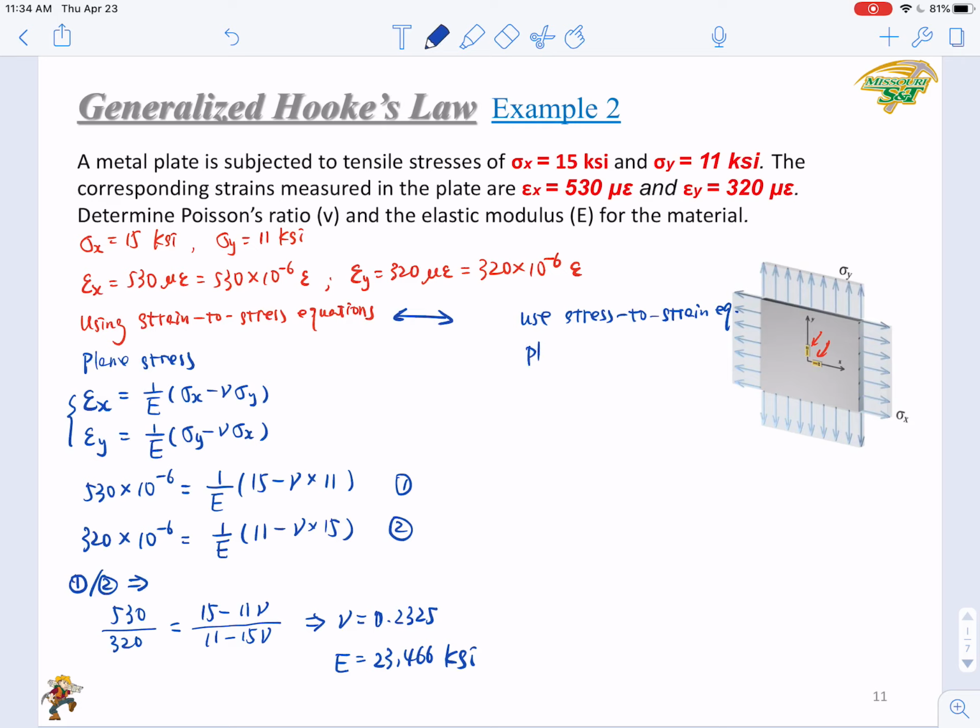So if this is plane stress, these two equations will be sigma x equals E over 1 minus nu squared times epsilon x plus nu epsilon y, and sigma y equals E over 1 minus nu squared times epsilon y plus nu epsilon x. Okay, so you get these two equations. Do you think you can solve the nu and E in a similar way? Please try this by yourself.